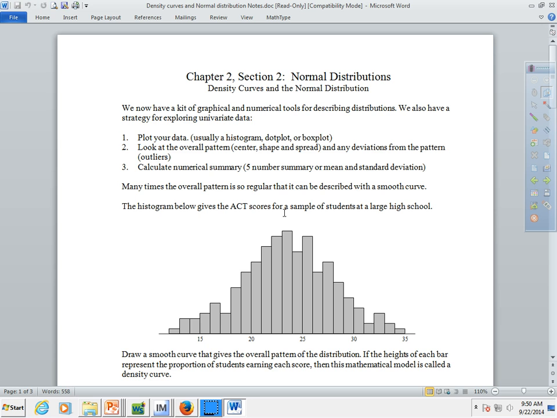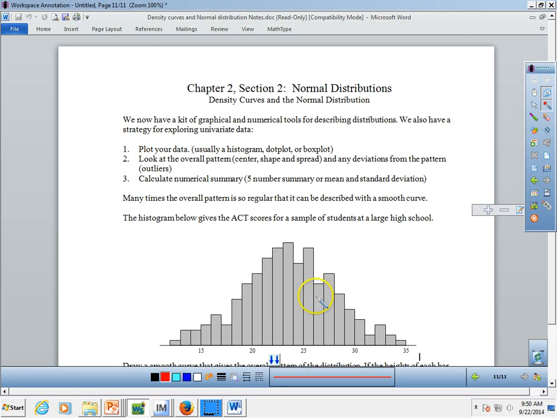Now, as I said before, sometimes the pattern is so regular that we can sketch out a smooth curve from it. An example, which we did in the notes before, is this histogram for ACT scores for a sample of students in a large high school.